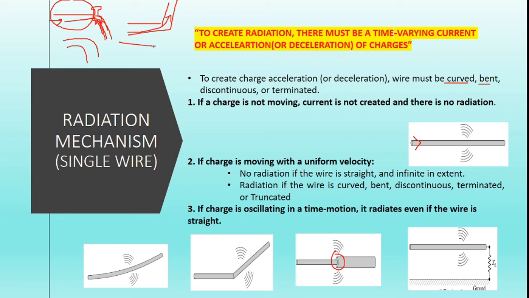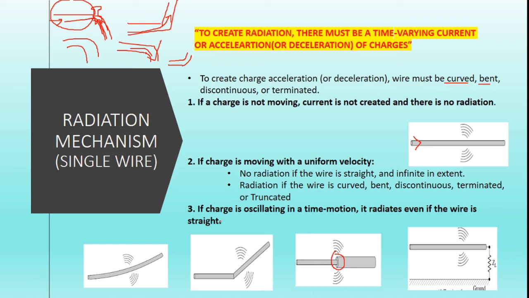So as long as this is straight, the charges will keep on moving with the same uniform velocity. If I introduce a bend, due to the change in shape, the charges will try to rush through this particular bend, and because of this, radiation is created. This is your second case for which radiation might be created.